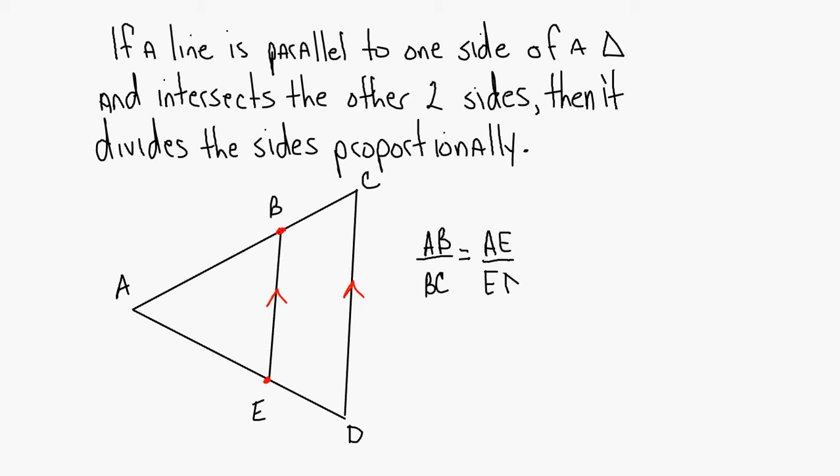ED. Good. Okay. This piece, A to B over B to C, is equal to A to E over E to D. And if you're given values, you can substitute the values, you can crisscross multiply, and you can solve for the missing piece.